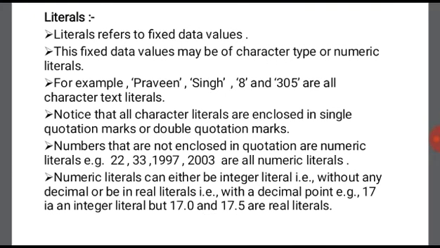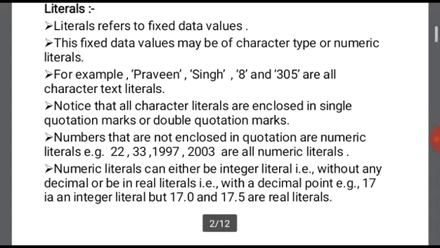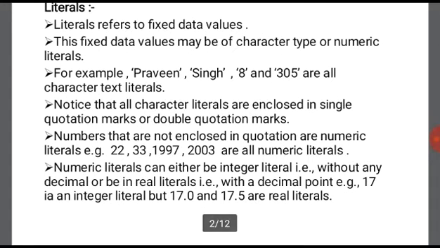The symbolic representation of a string literal is that it is always represented within single quotation marks or double quotation marks. Both options are allowed. Whatever we write between them, whether it is a number, a character, a special character or a combination of these, it doesn't matter.